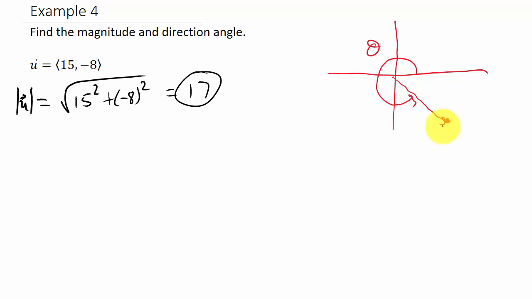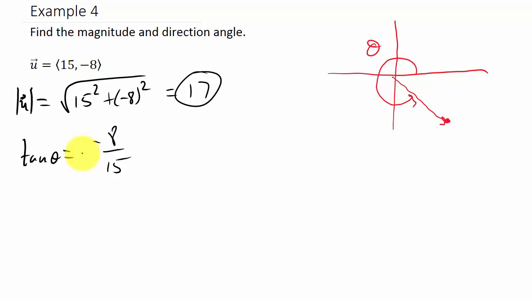Alright, now let's find the direction angle. So I've got tangent theta is b over a. So I've got negative 8 over 15. Let's do the inverse tangent of this to get theta.